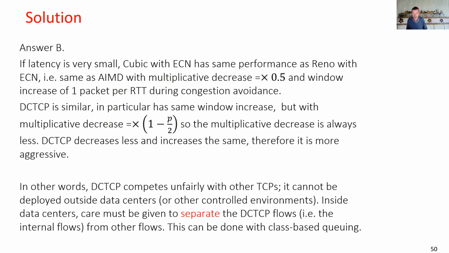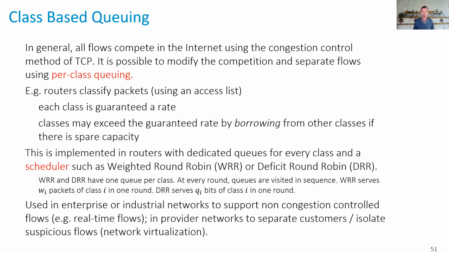So that's one of the consequences of this scheme. And this is what happens today. If you run a data center, you will run the internal flows separately from the flows that interact with the outside using something that is called class-based queuing. What is class-based queuing? Well, it's a way to modify the competition between flows.